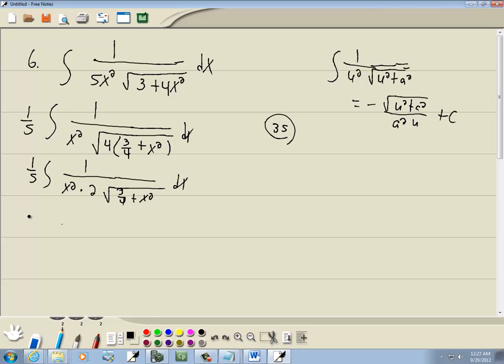And I'll go ahead and put that 1/2 completely out in front, so we got 1/10, 1 over x squared square root of, and I'll flip it around, putting the x squared first.